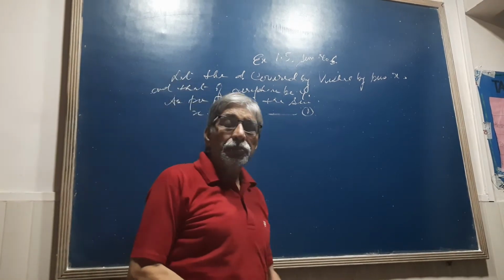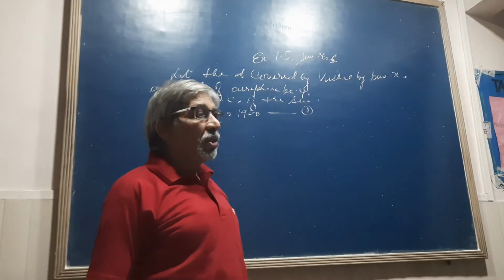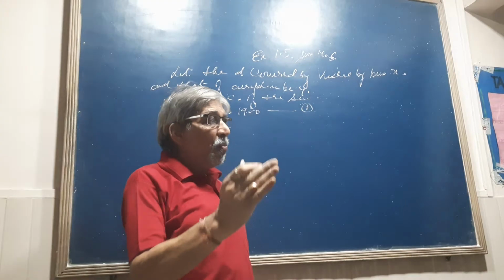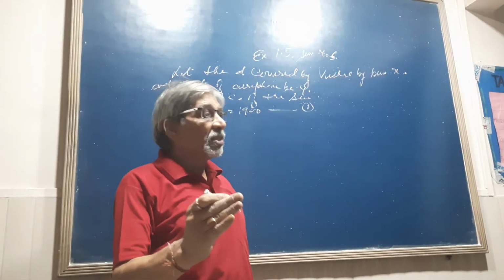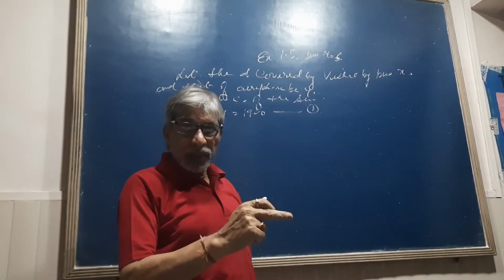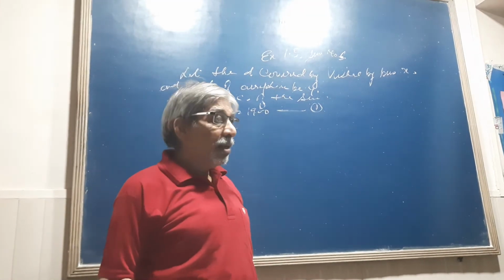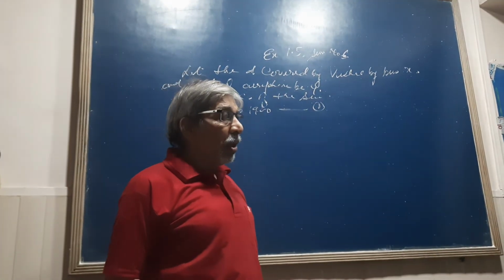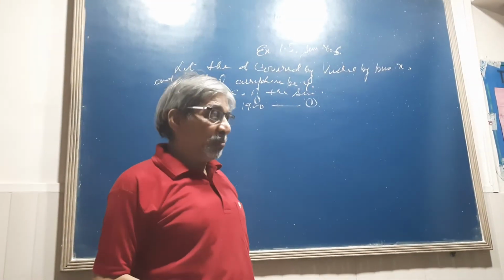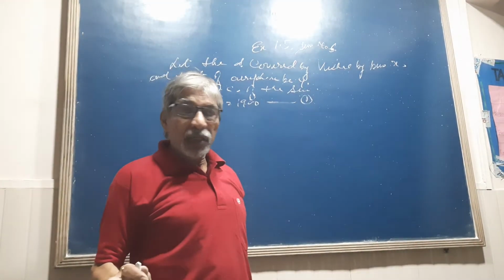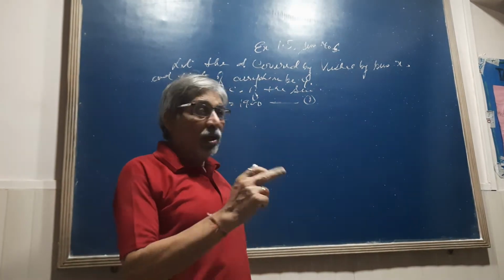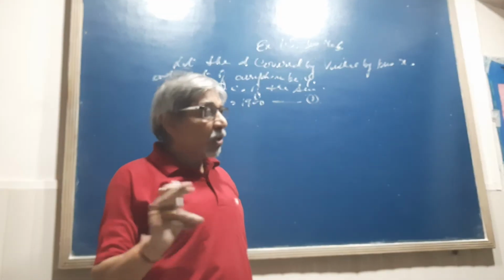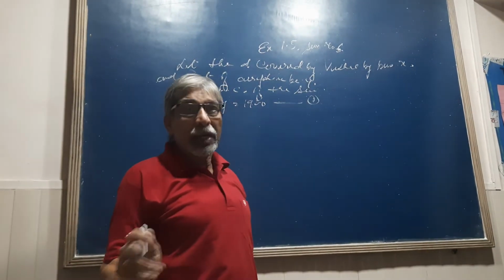Second condition, you have to understand how much time he has traveled by bus and how much time by aeroplane. So time is calculated by distance upon speed. To calculate the time, if the distance and speed are given, you can find out the time.